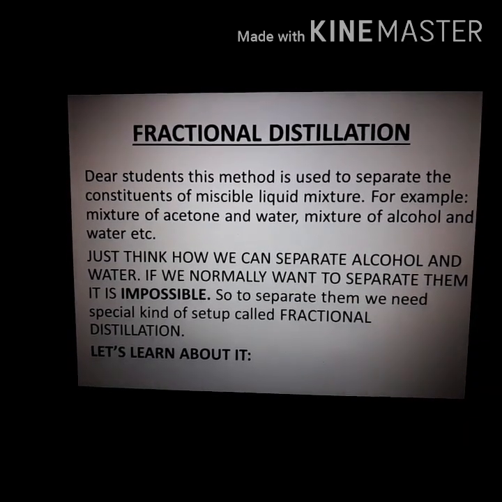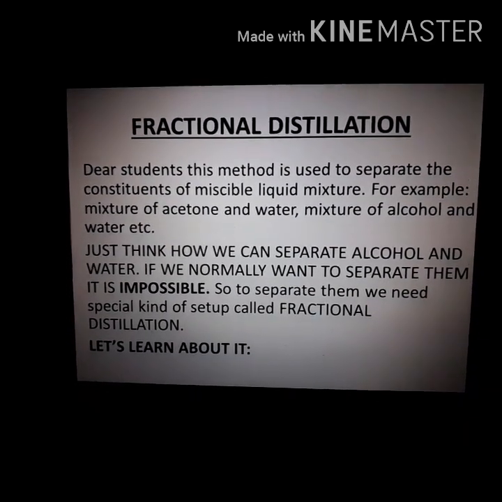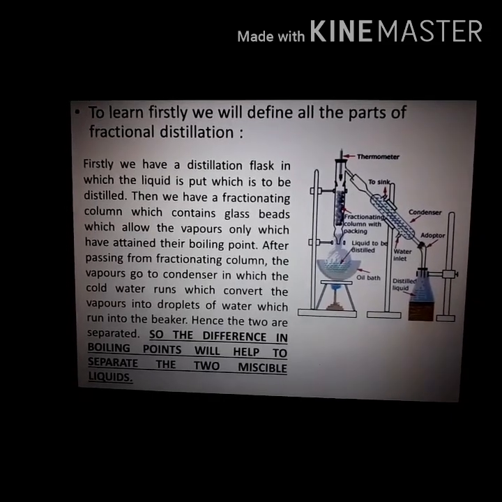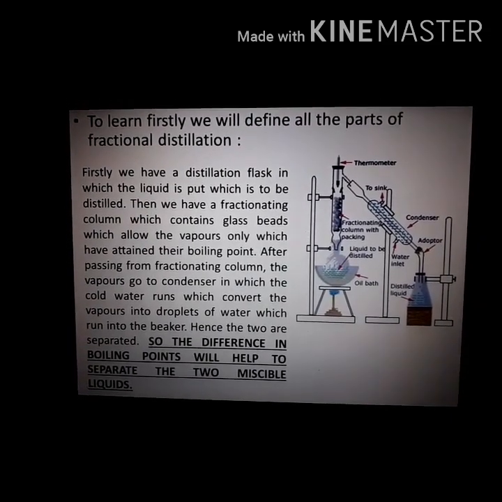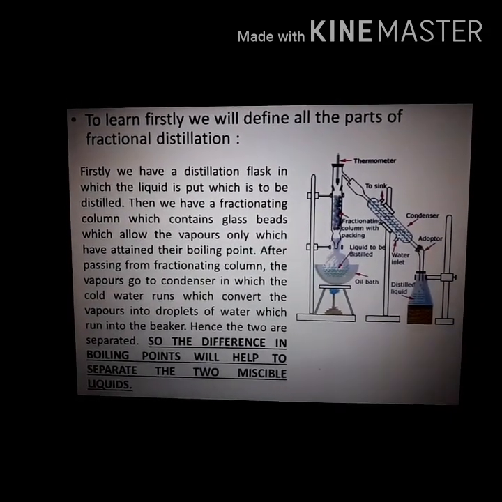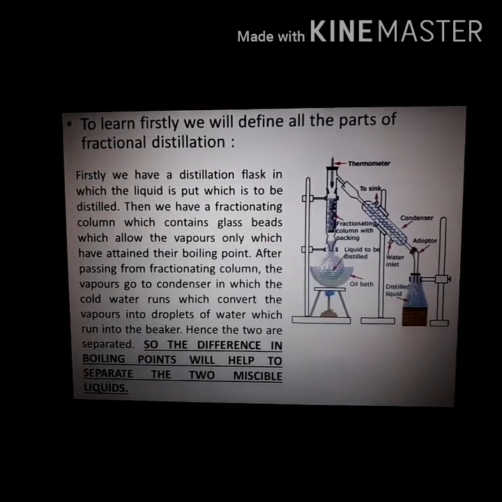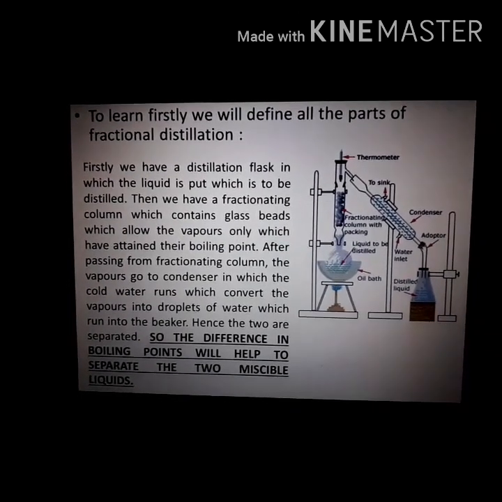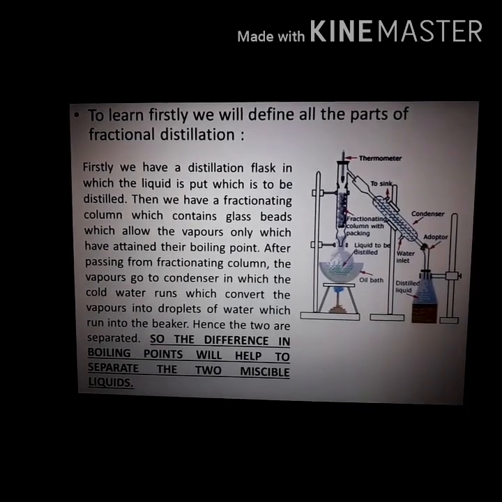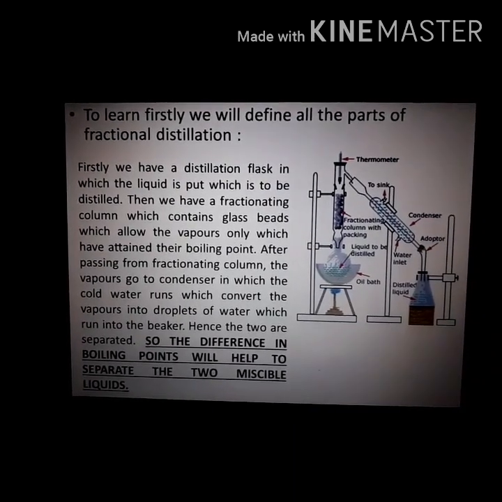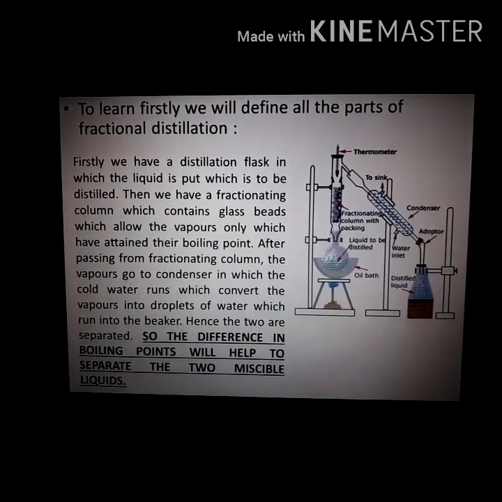What is actually the fractional distillation method? To learn this method, firstly we have to learn about the parts or instruments used in it. First we have a distillation flask in which the liquid to be distilled is put.